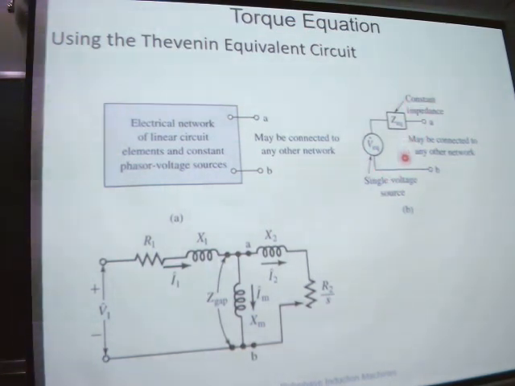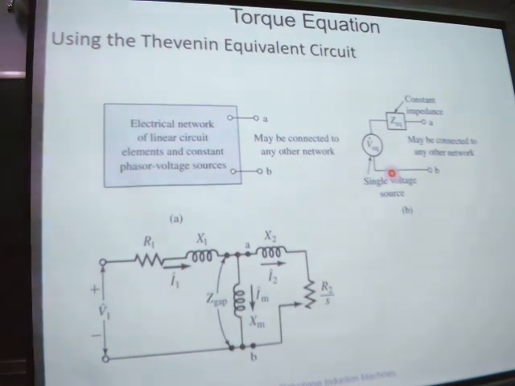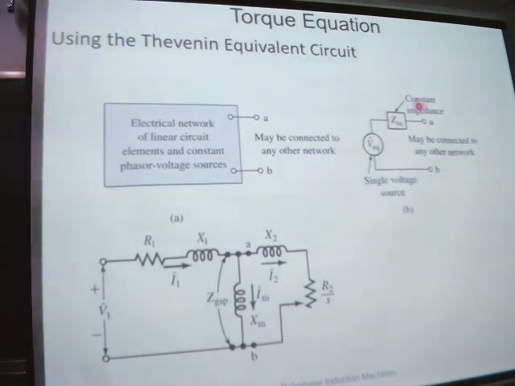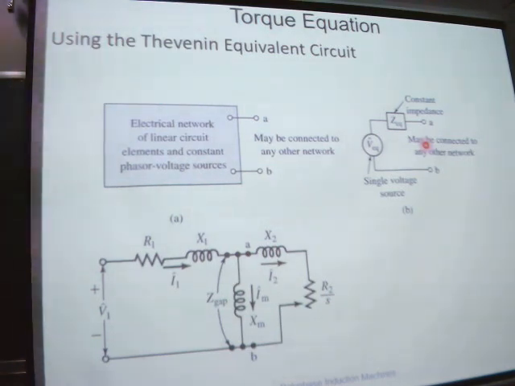This is the Thevenin theorem. In this circuit, there is only one source and one impedance, so the form is simple, and it can help us to calculate the parameters of the circuit.